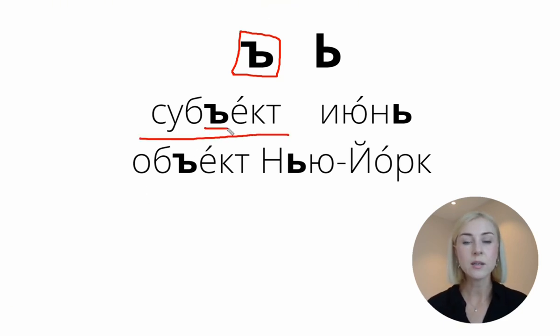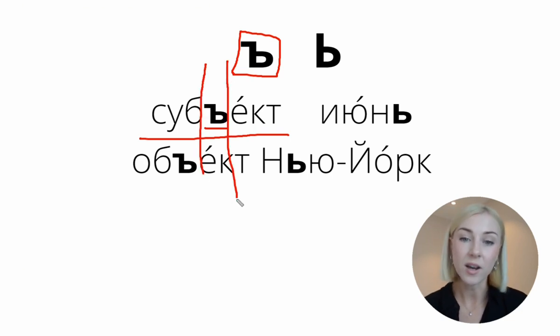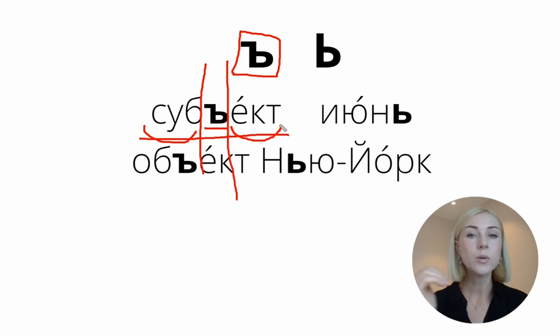Here we can see a hard sign. It means that the hard sign divides the word in 2. It's like a wall in between the syllables. So you have to read this syllable, sub, and then you have to read this syllable, subject.